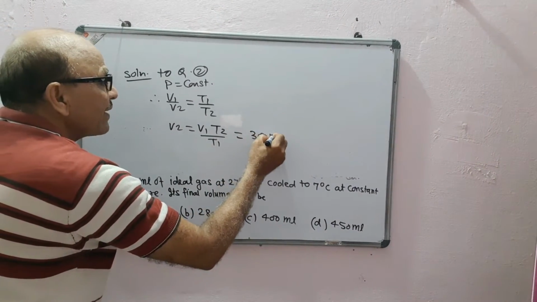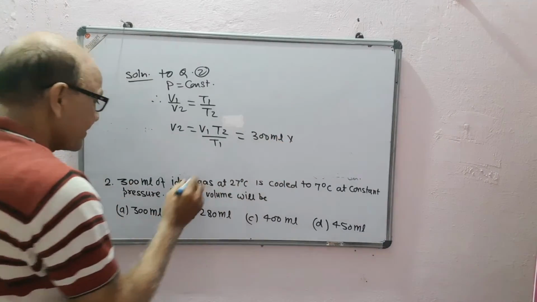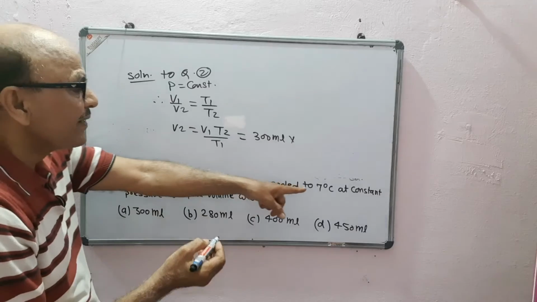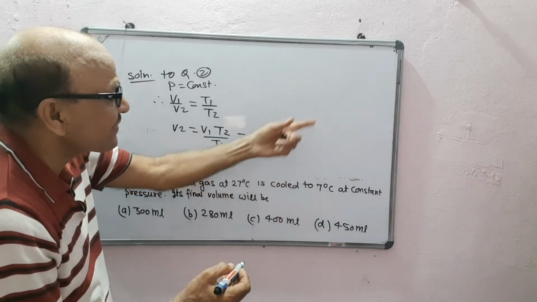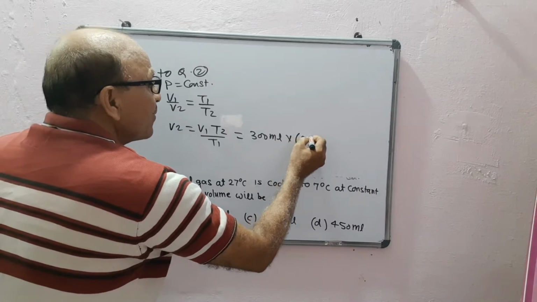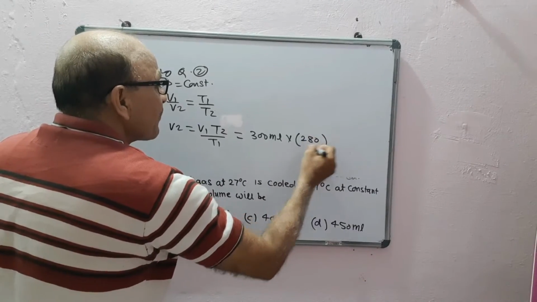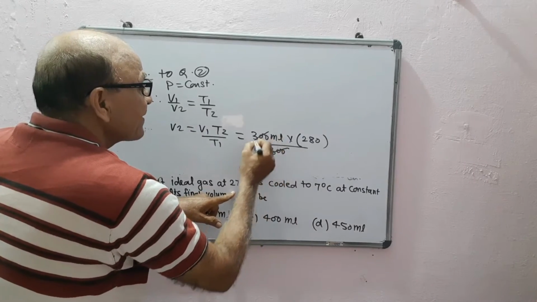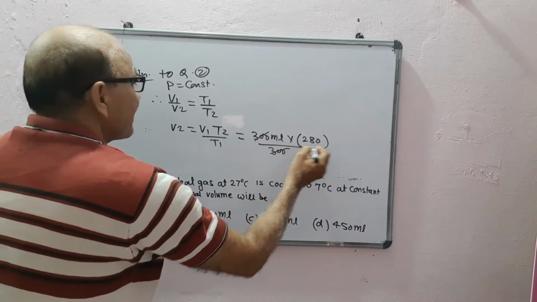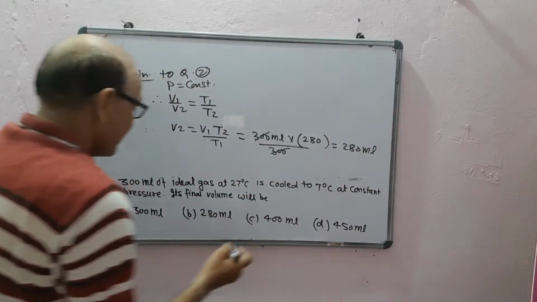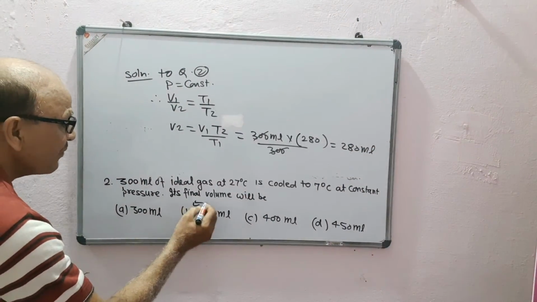T2 is 273 plus 7, meaning 280 Kelvin, and T1 is 300 Kelvin. So 300 cancels and the answer will be 280 ml. The correct answer will be B.